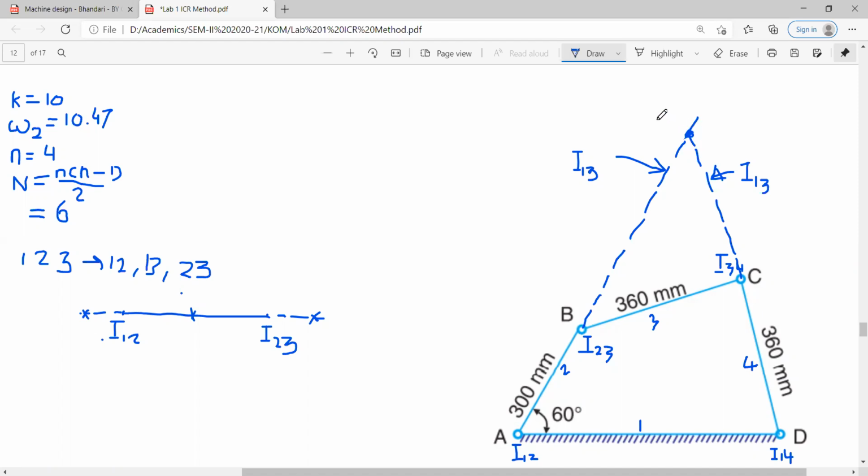So this particular point of intersection I will call I13. Got it? Got the construction?